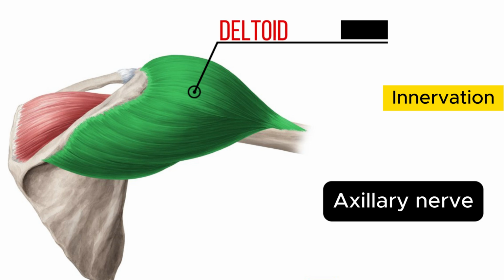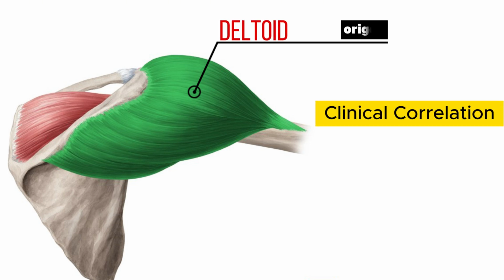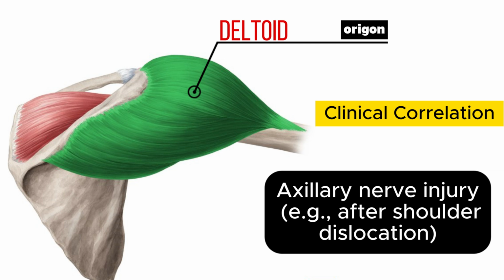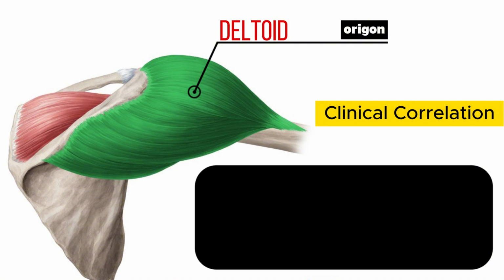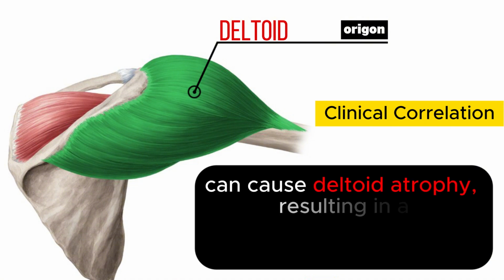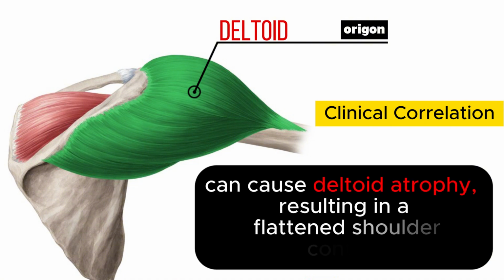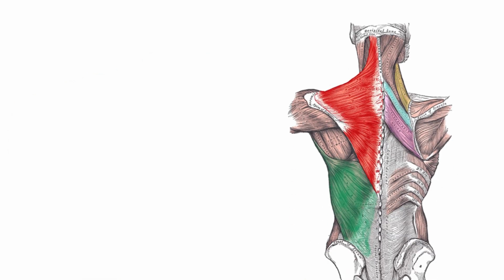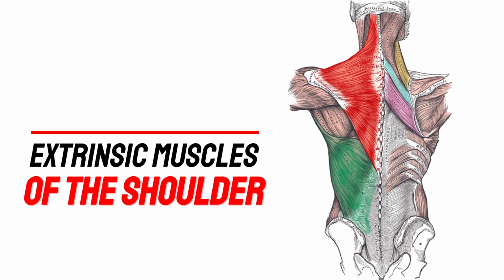Innervation: axillary nerve. Clinical correlation: axillary nerve injury, for example after shoulder dislocation, can cause deltoid atrophy, resulting in a flattened shoulder contour.